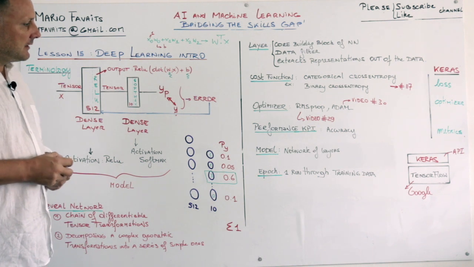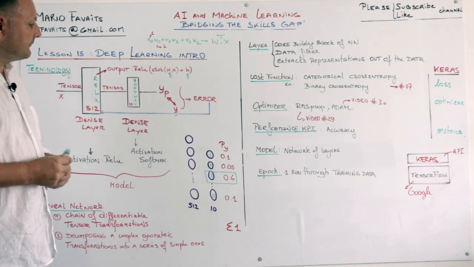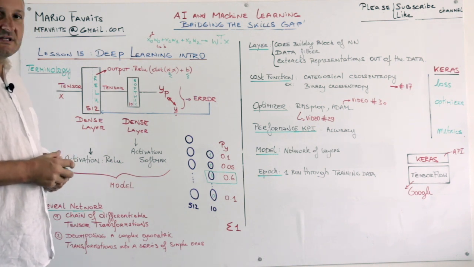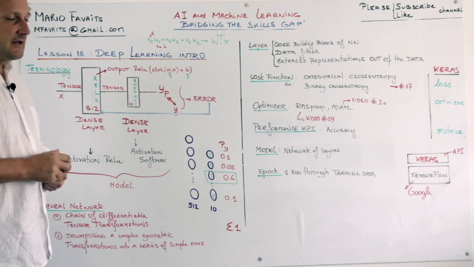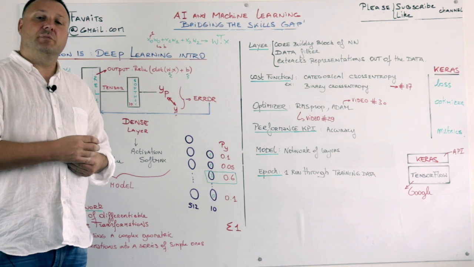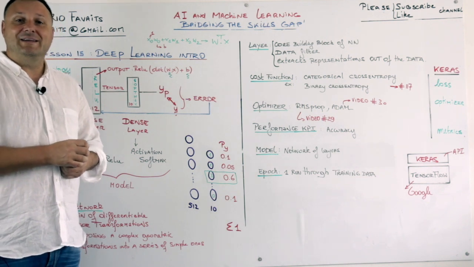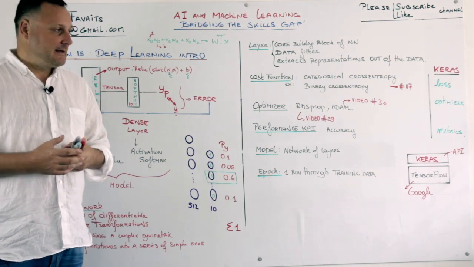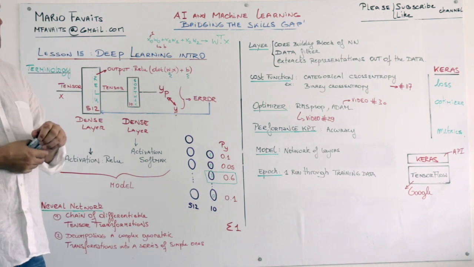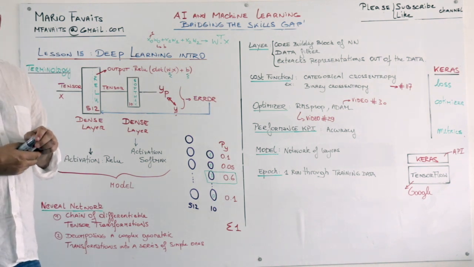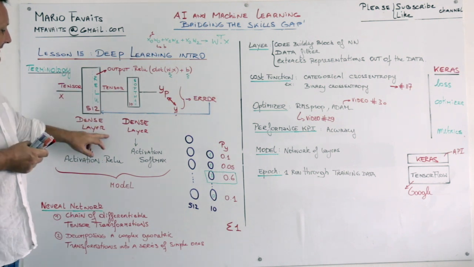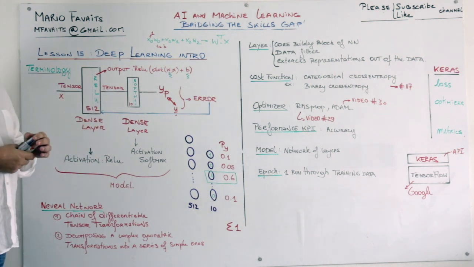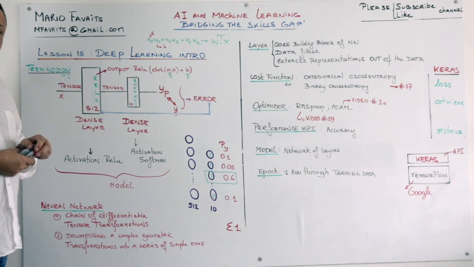Alright, this should give us enough ammunition to start our first coding exercise. The first coding exercise will be on the Internet Movie Database, IMDb. And it's a data set that we looked at for naive Bayes, for example. So let's see how a dense neural network does on this IMDb data set.